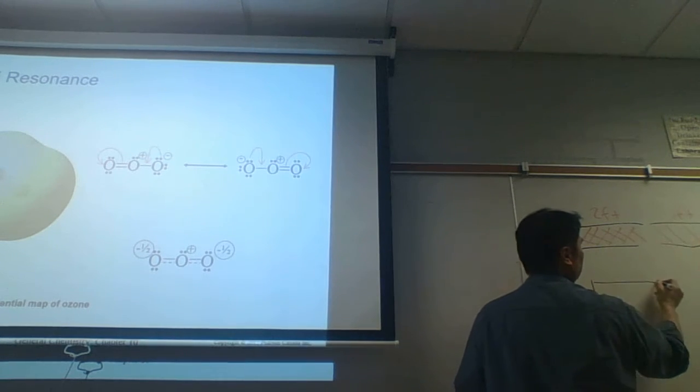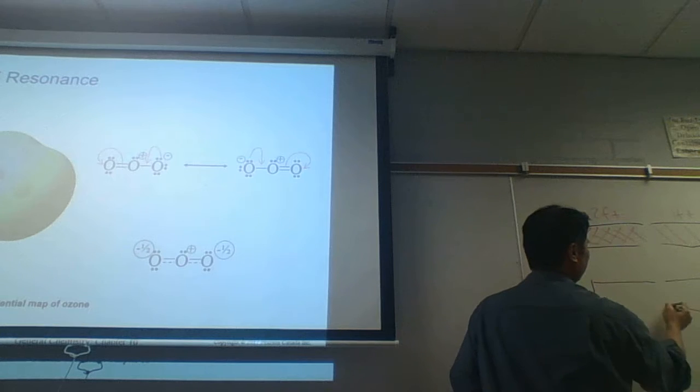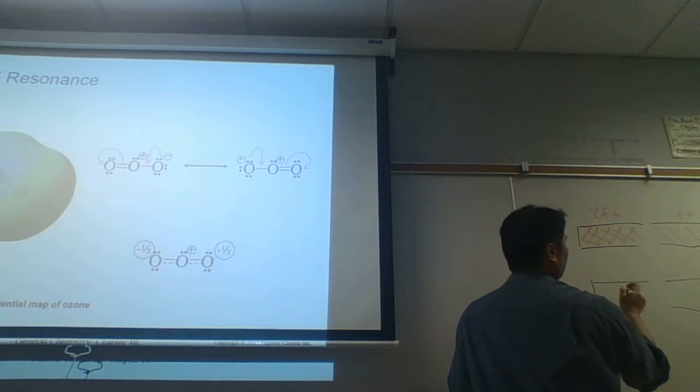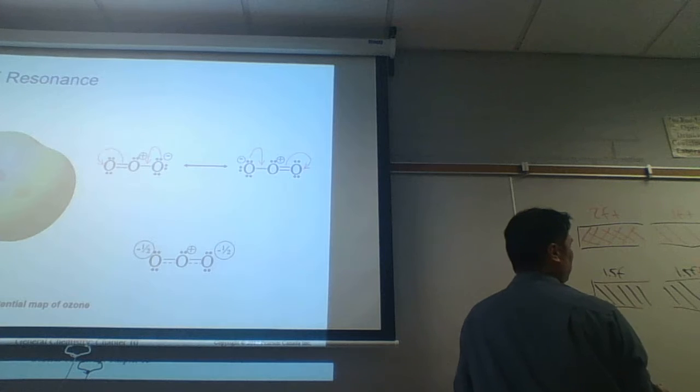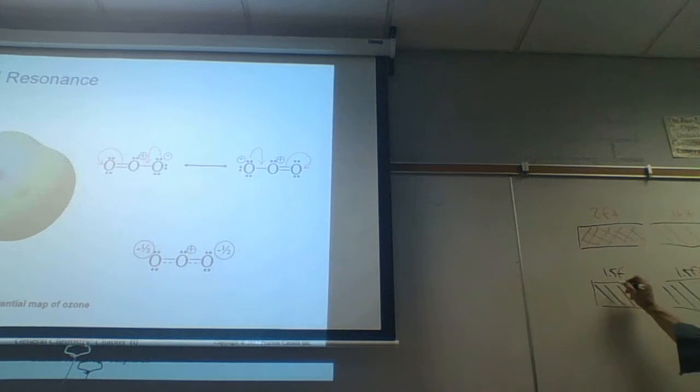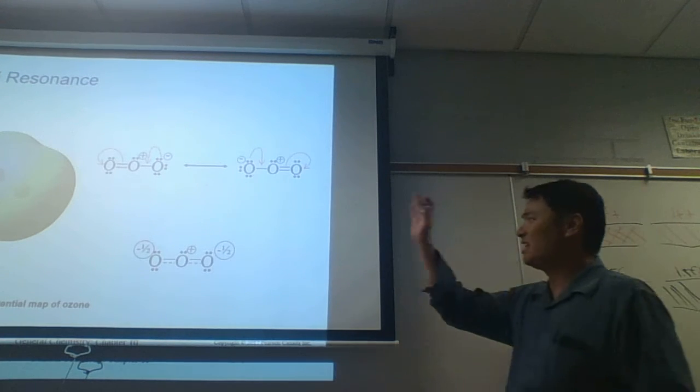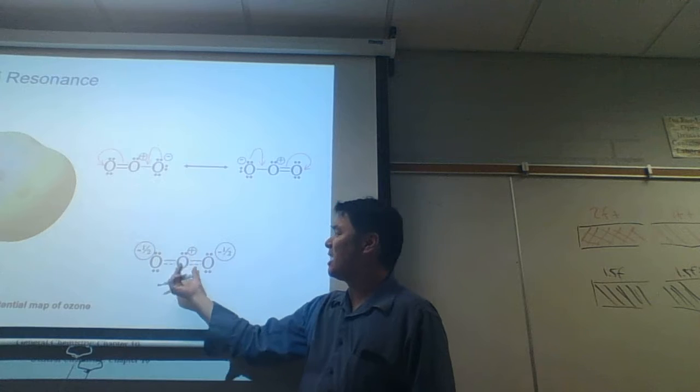If the water can move, then what we're going to end up with is not 2 feet and 1 foot. We're going to have 1.5 feet of water here and 1.5 feet of water here. And so this is what we call the resonance hybrid. And so what happens is the electron cloud spreads out like water.